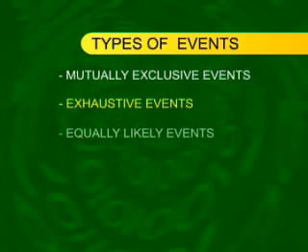These are the mutually exclusive events, exhaustive events, and equally likely events. I will discuss them with you at length in the next lecture. At this point in time, I will summarize the idea by giving you the very basic definitions of the three concepts.